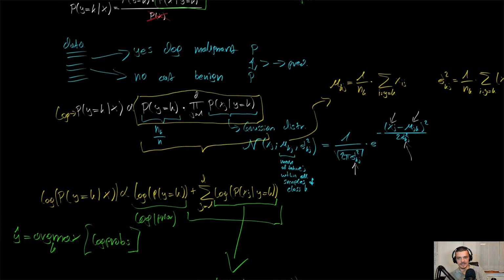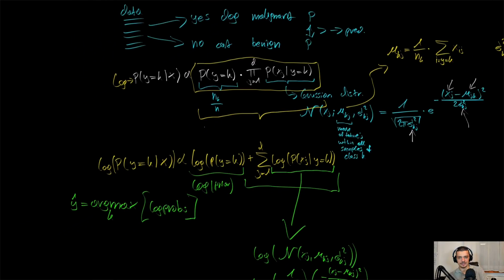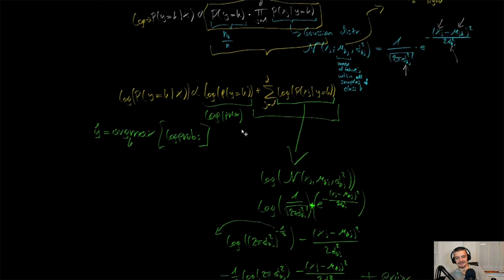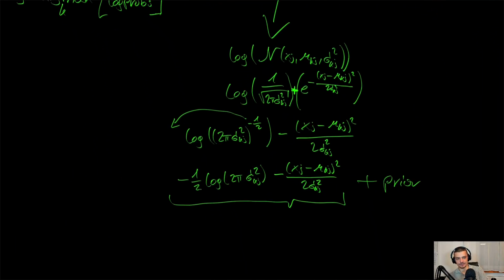We multiply them together with the prior probabilities, but due to numerical stability or instability concerns, we do everything as a logarithmic probability. So we add them together, and that is the thing that we get as a result here. This plus the priors. And this is now what we're going to put into code. We're going to see it works with the actual data set. We're going to get a high accuracy rate.